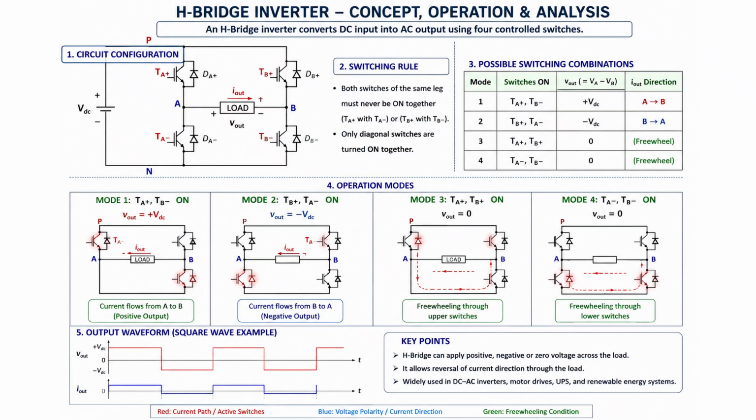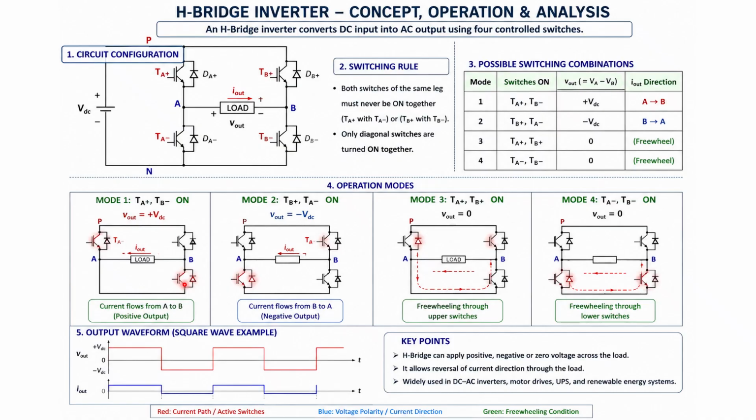Now, this slide explains the four valid operating points which I have already explained in the previous lecture. We have four modes of operation. In mode 1, you can see that TA plus and TB minus are turned on.